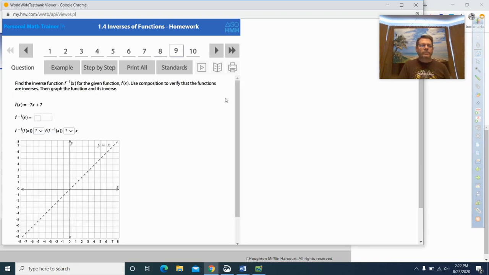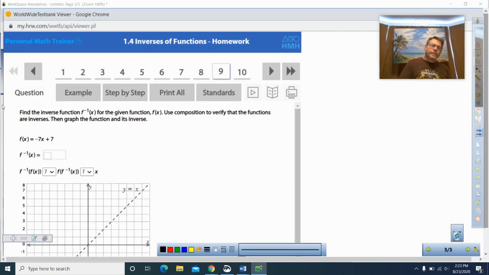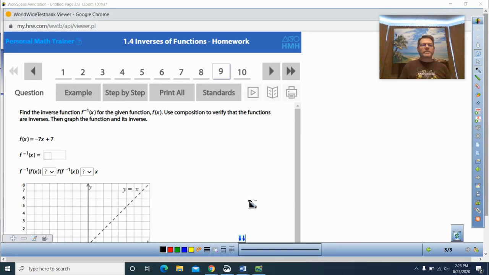Let's try this one. It's been a little bit more challenging for some folks. So first of all, we've got to get our inverse. I don't know why this thing keeps going real big on me every time I do that, but we can live with that. So we've got y equals -7x plus 7.